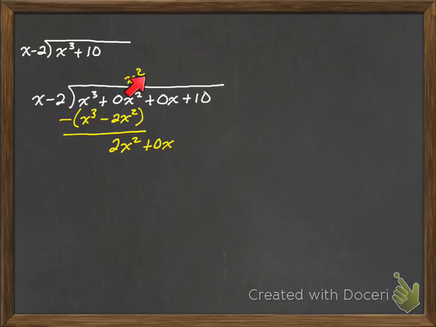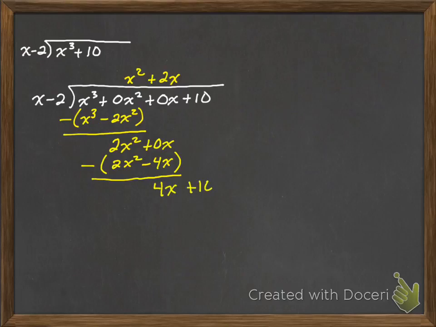So x times 2x up here will give us the 2x squared. And then negative 2 times 2x is minus 4x. Parentheses and subtract. That's going to give us a 4x.